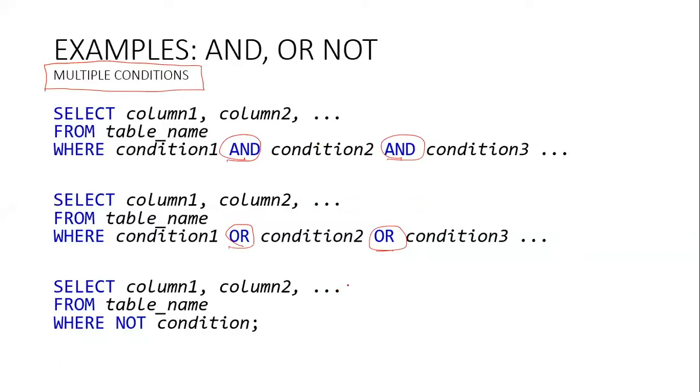Remember the priority that we spoke about. And if you are using the NOT, then this is how you would go about using the NOT. And please take note, whilst there's a semicolon there, that should not appear when we are writing our SQL statements and using them in Delphi.